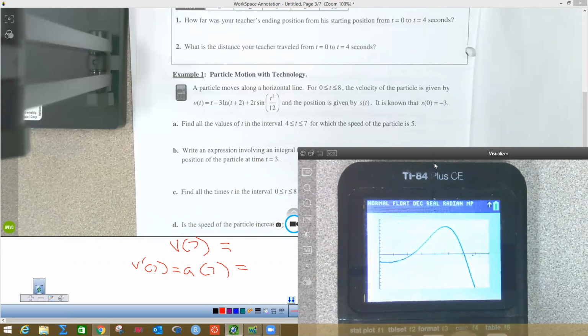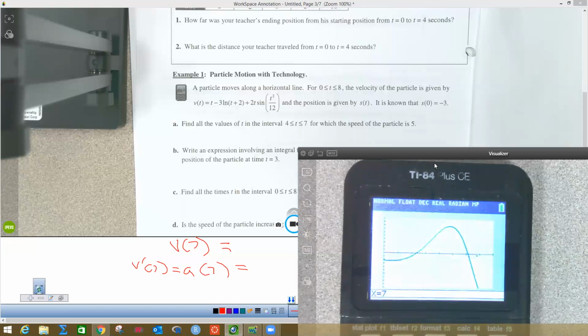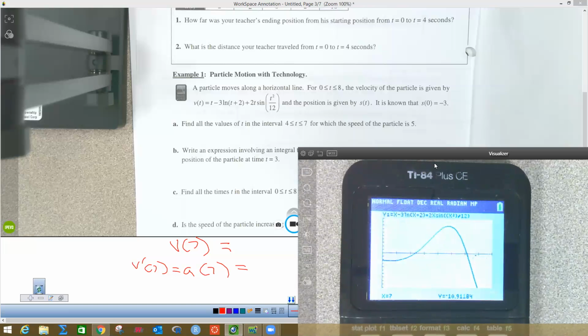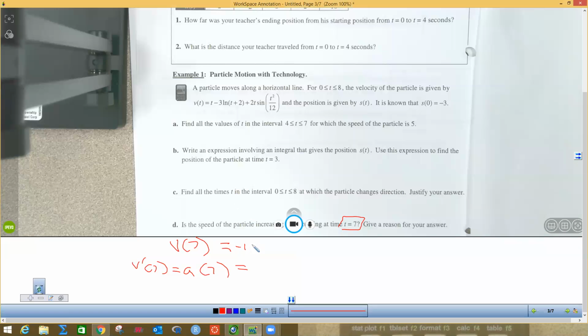So I'm going to hit second calc number 1. And I want to know the velocity at 7. So I type 7 in there and I hit enter. And that is negative 10.912. Okay, so this is negative. So this means the object's moving left at v of 7.